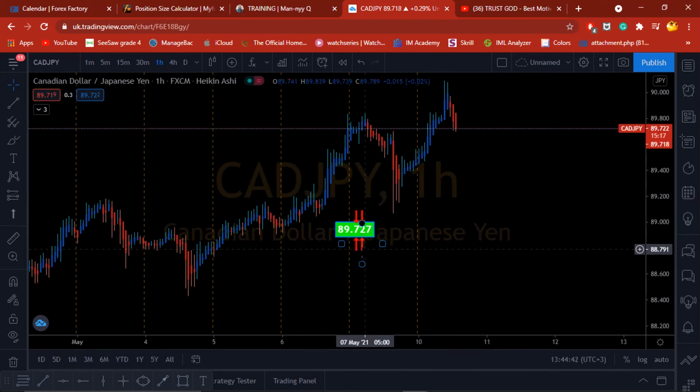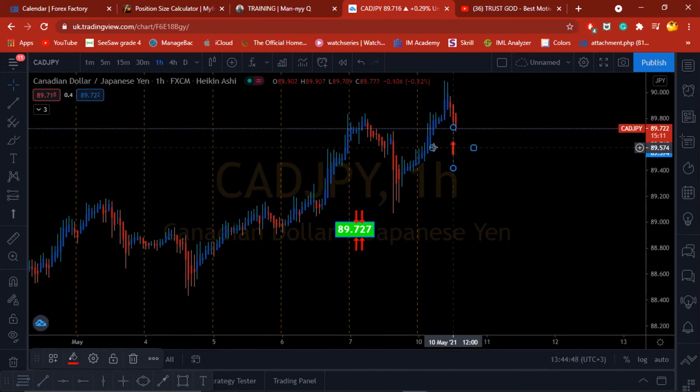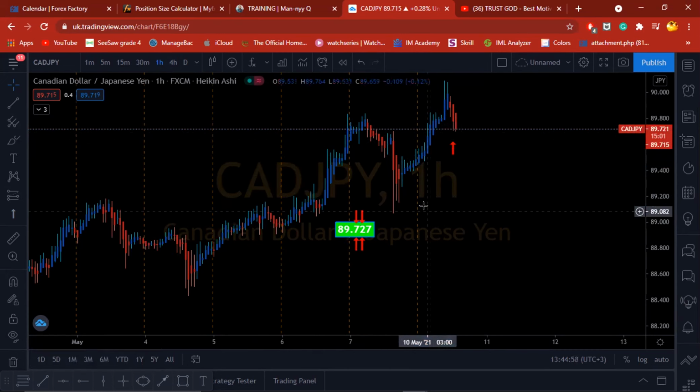So over here, if we were to look at what's happening right now, it looks like CAD JPY has been selling, because I'm on the hour time frame. We say, okay, let's analyze this and see if we can sell.